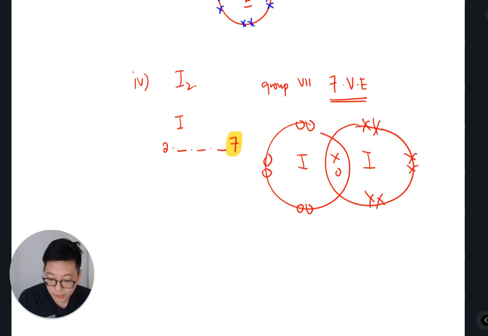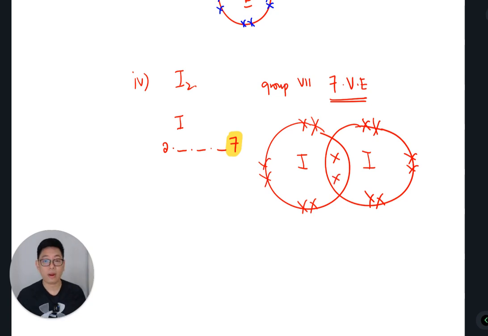Just in case you're wondering, you could use all crosses. That's fine, because for your legend, you can go with crosses as electrons of iodine. I think that's perfectly okay.